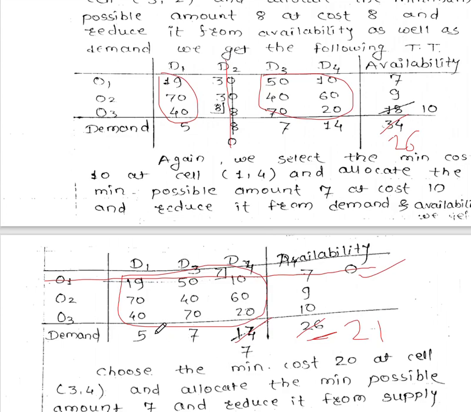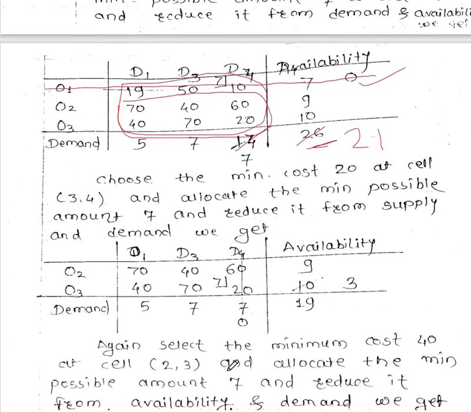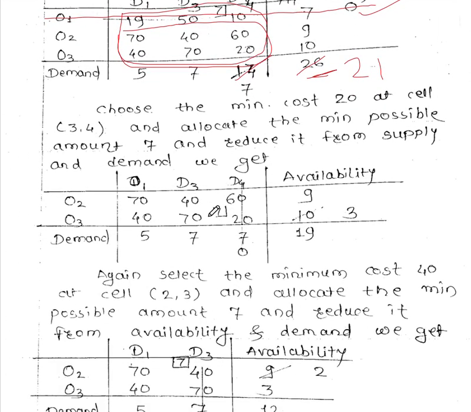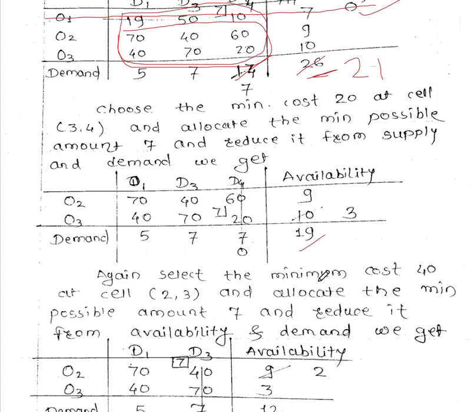We write down the remaining elements: 70, 40, 60, 40, 70, 20, with availabilities 9, 10 and demands 5, 7, 7, which sum to 19.